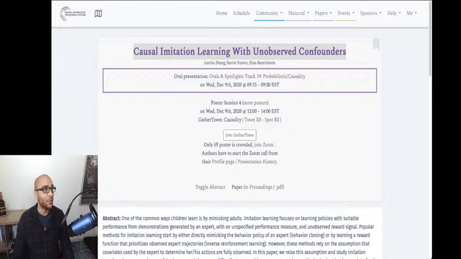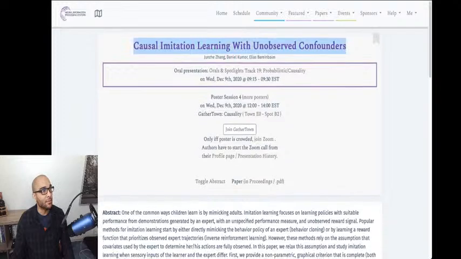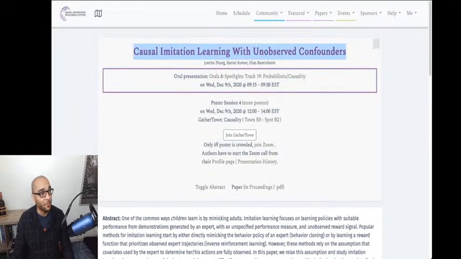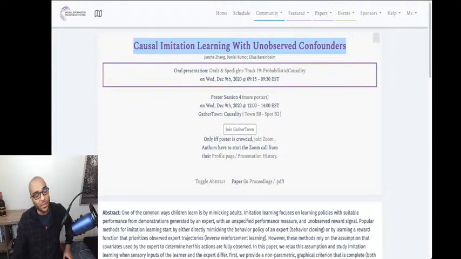This week I wanted to look at causal imitation learning with unobserved confounders, and with some of the students I've been teaching, they've been really interested in the relationship that causal modeling has with reinforcement learning.